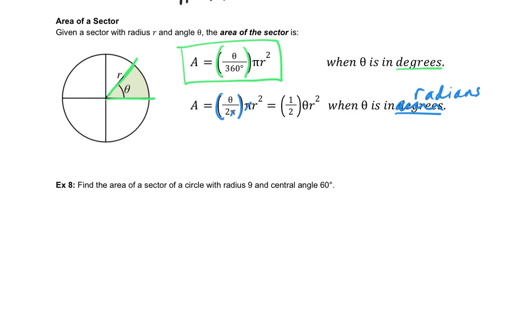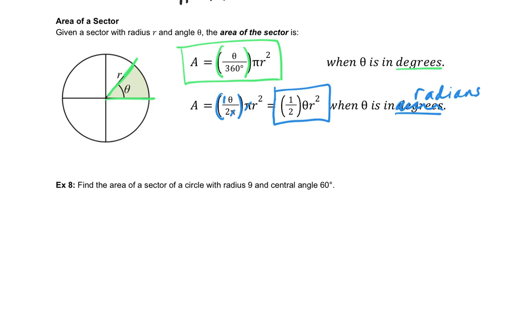We have theta over 2, which is the same thing as 1/2 theta times r squared. So our formula, if we are in radians, is given by area is 1/2 theta times r squared. That's the area of a sector.